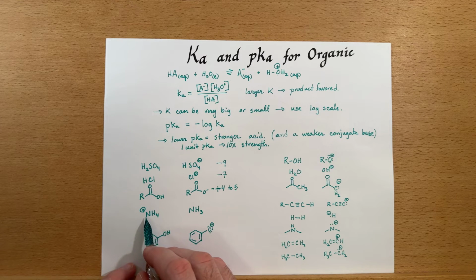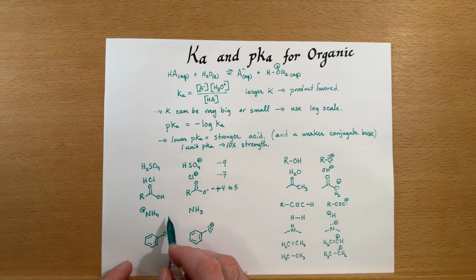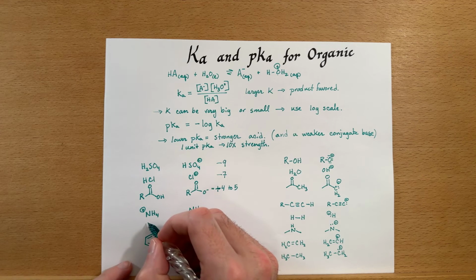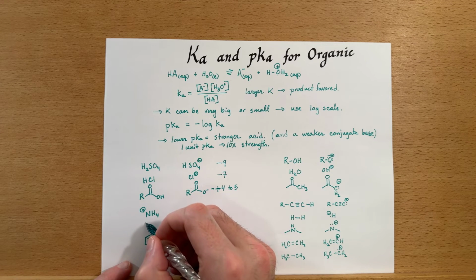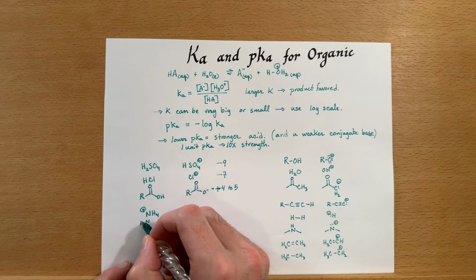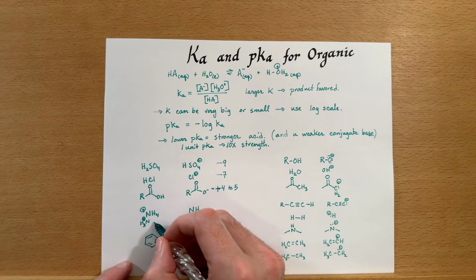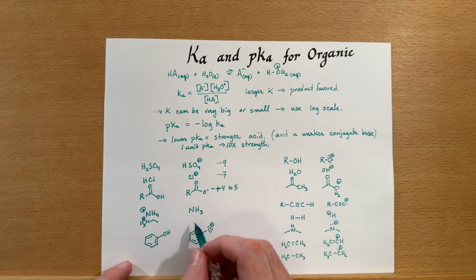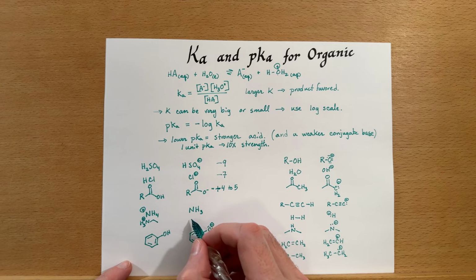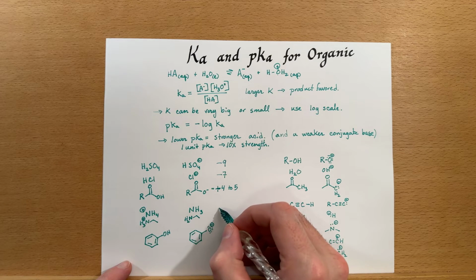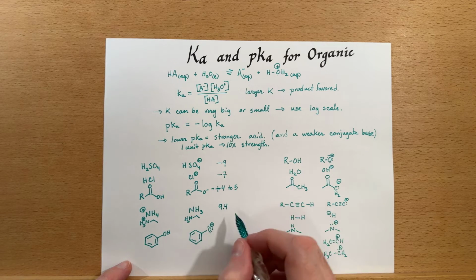We come to our nitrogen compounds, so ammonium or other nitrogen organic molecules. If we were to change this to, say, NH3+ and then had some organic molecule over to the side here, these are similar to each other, but for the ammonium, it's 9.4.